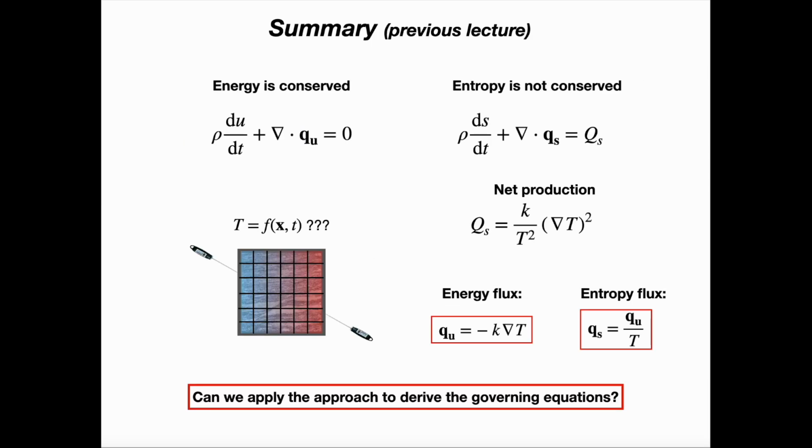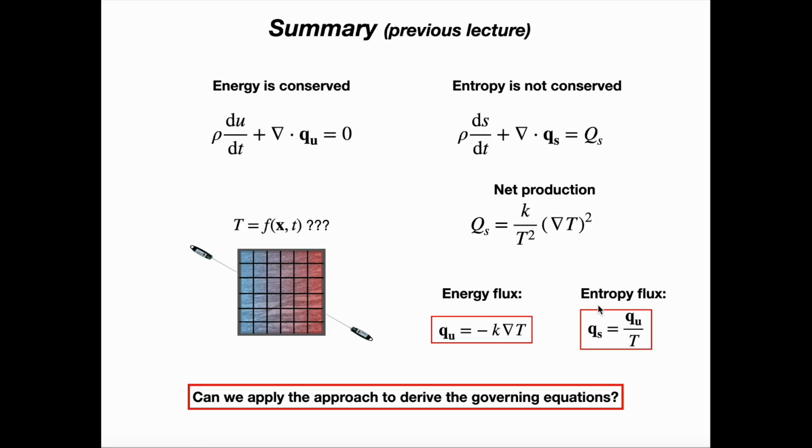So altogether, this equation satisfies the conservation of energy and the non-conservation of entropy, which has a positive production rate, which includes the effect of Fourier's heat flux.